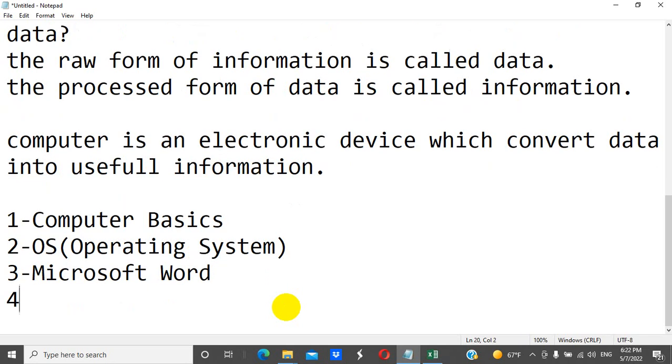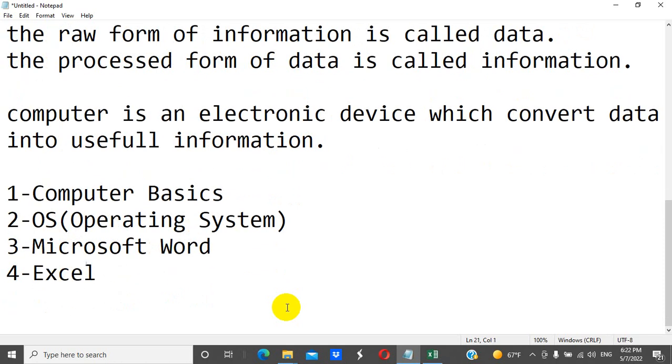After that we will study and learn about Microsoft Excel. In Microsoft Excel we will learn to use calculation, make ledgers, journals, and balance sheets. For example, if we are working at an office, how to calculate the loss and profit of the organization.